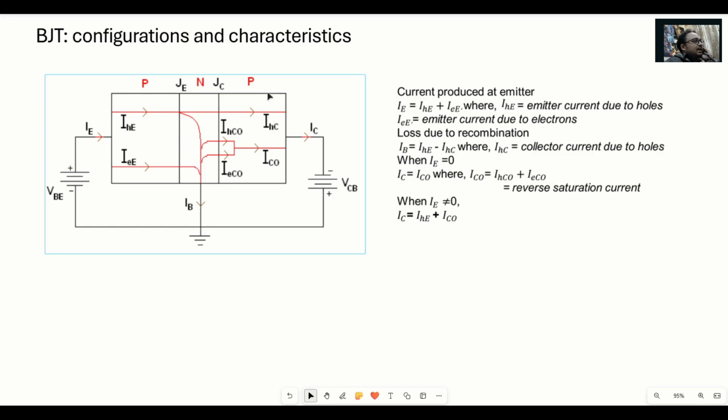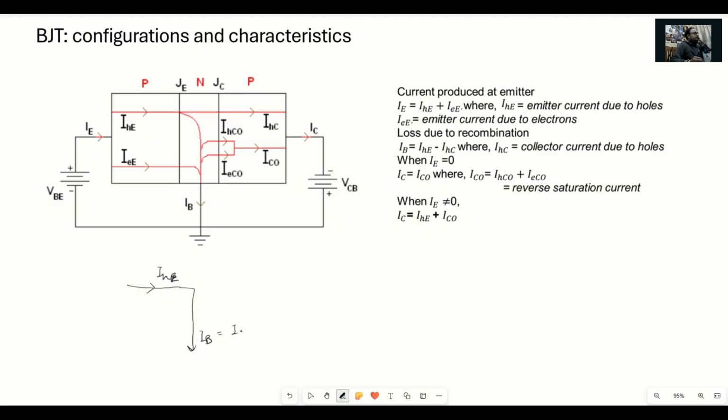IHE minus IHC, where IHC is the collector current due to the holes. The current that is moving inside the transistor is IHE, and out of that, one current will move through the base, which will be IHB, which is nothing but IHE minus IHC.